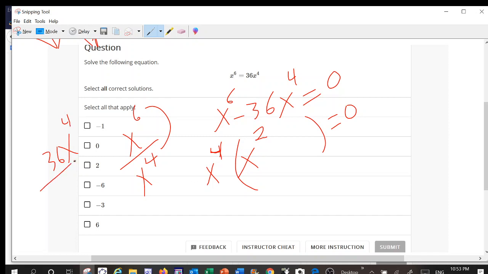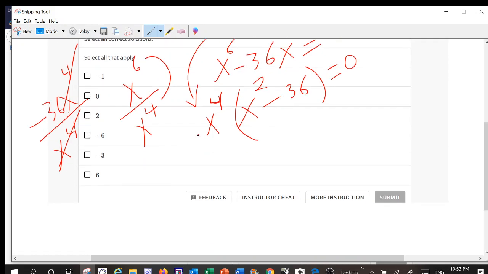36x to the fourth divided by x to the fourth, which is just minus 36. So again, something we couldn't solve, this is something we can solve, because we can write this as x to the fourth being x to the second times x to the second, minus 36 equal to 0.